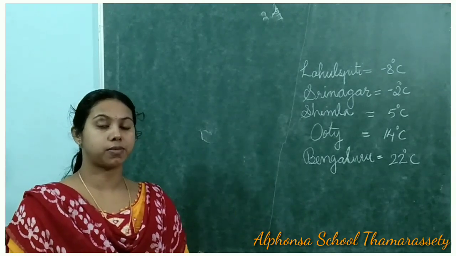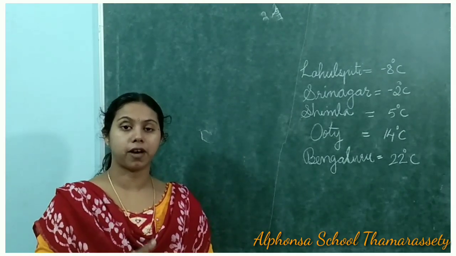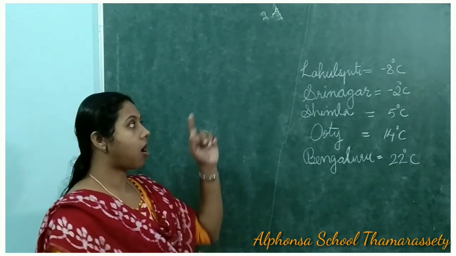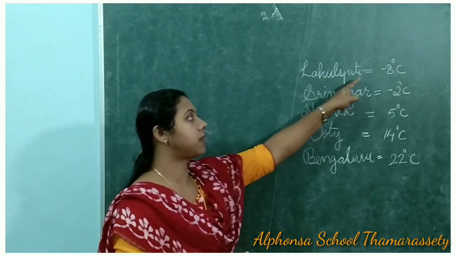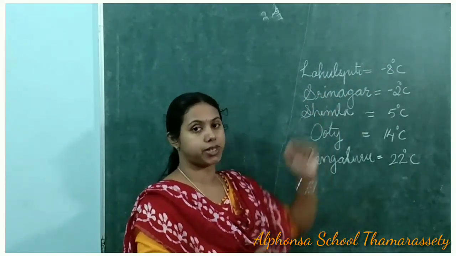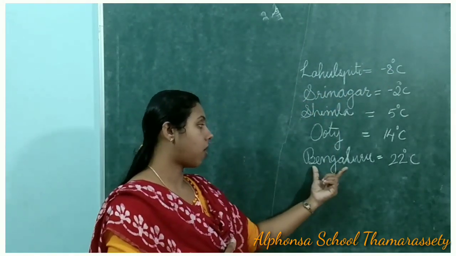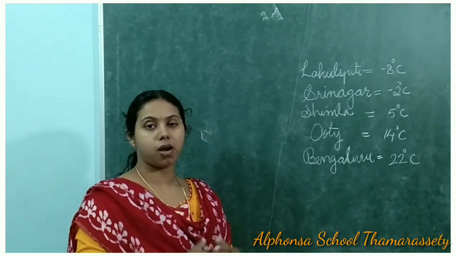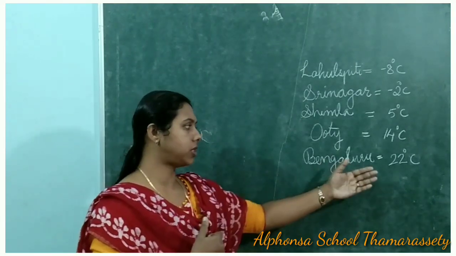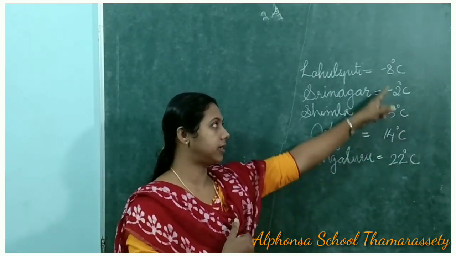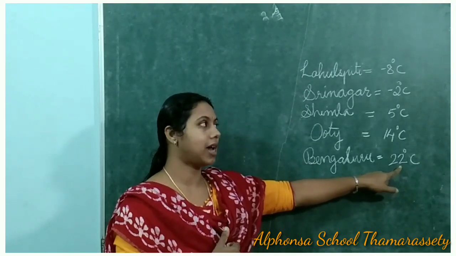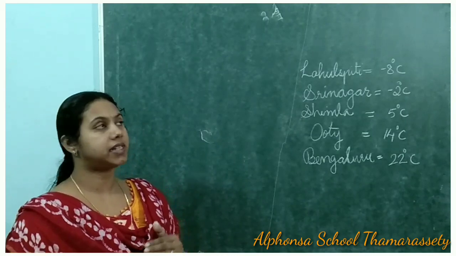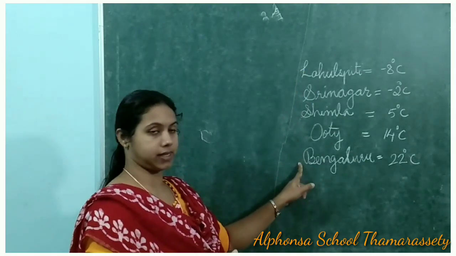By looking at the number line in your textbook, you can identify which is the coldest place and which is the hottest place. The coldest place is Lahul Spiti, that is -8 degrees Celsius, and the hottest place is 22 degrees Celsius. Positive represents the greatest number. That means the greatest number is 22 degrees and the smallest number is -8 degrees. So the temperature difference between these two places.